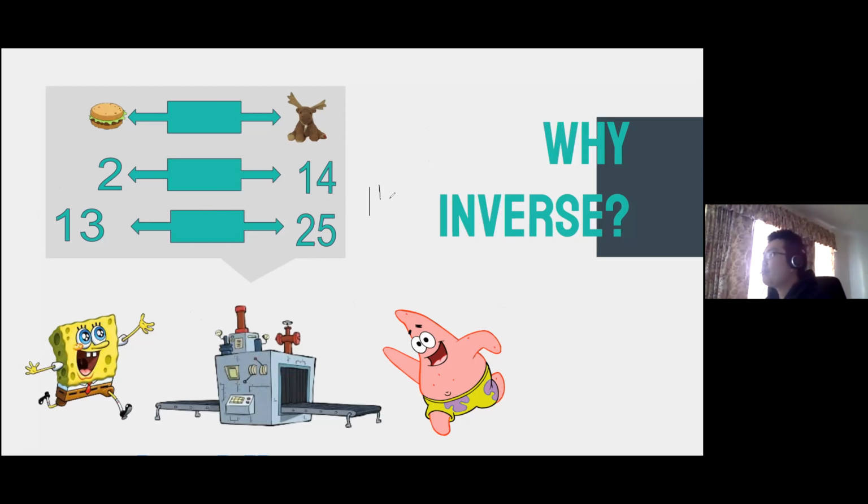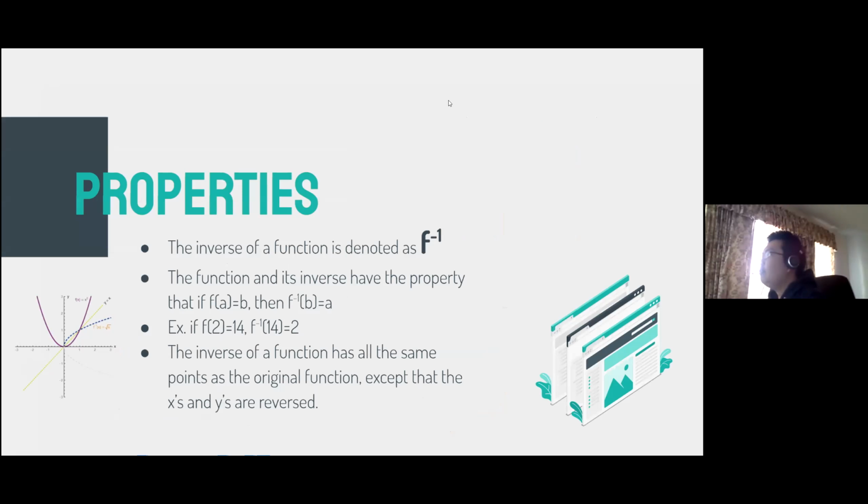Yep. So that's what we need inverses for: to figure out how to go from Patrick to SpongeBob, how to go from the outputted number back to the regular inputted number. The inverse of a function is f^(-1), with the property that if f(a) = b, then f^(-1)(b) = a.